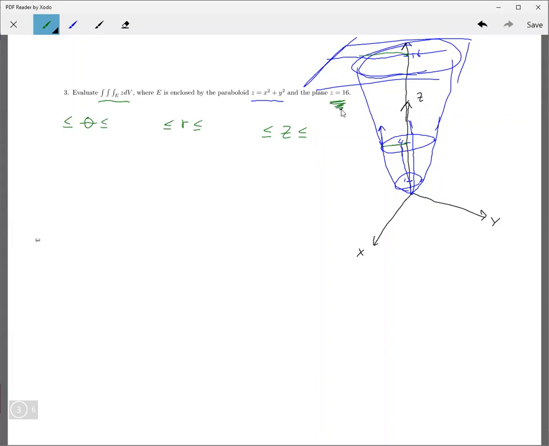No, no, no. It's from 0 to 4 when you're up here, because right here it's a circle of radius 4, right? Here it's a circle of radius 2. Wait a minute, I started thinking about R. We're concentrating on Z here.